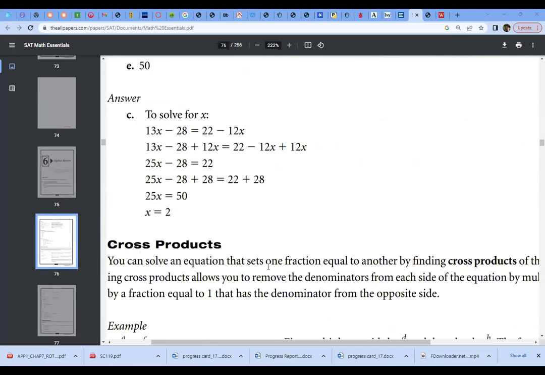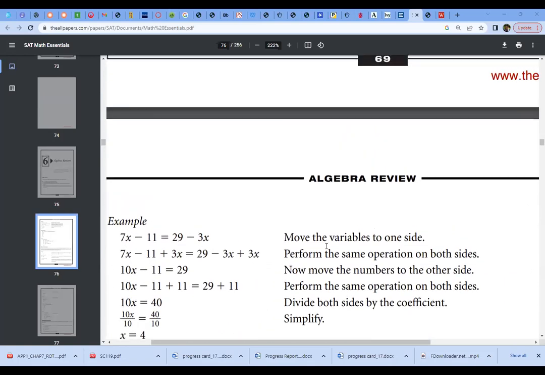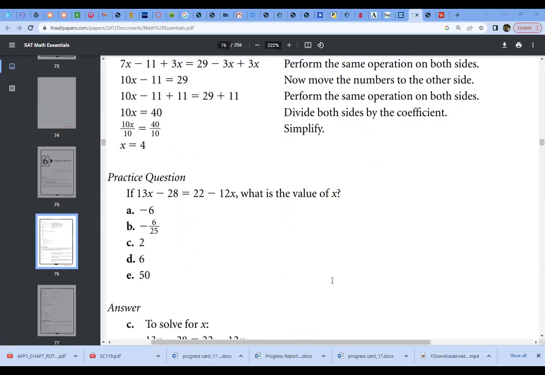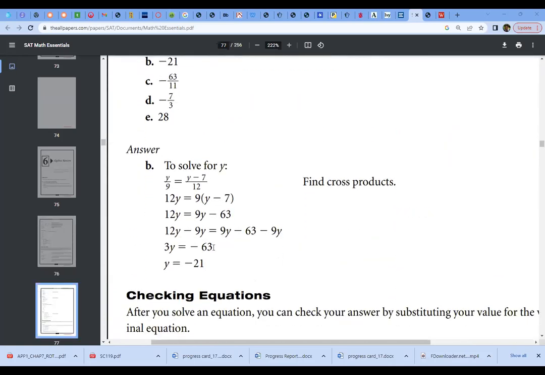The technique is: move the variable to one side, perform the operation, move the number to the other side, and perform the operation. So we move 9y over to the other side, canceling out the 9y, so it's going to be 3y equals negative 63. So y equals negative 21. Okay, perfect.